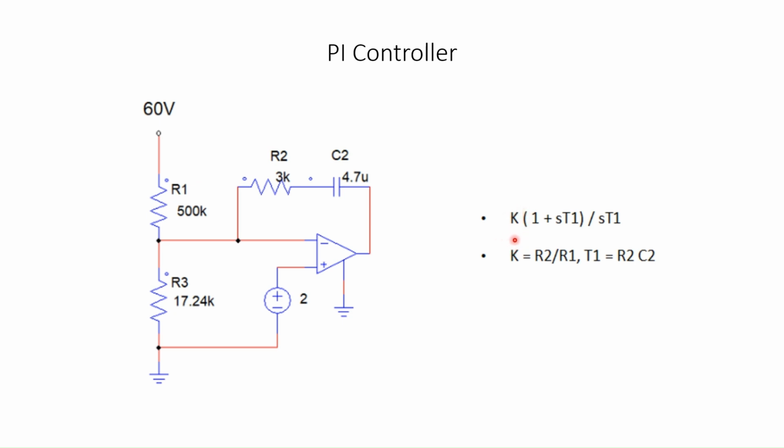So K is a proportional constant, and one can see that there is a 0 at S is 1 over T1, and there is an S term in the denominator, that means a pole at the origin.